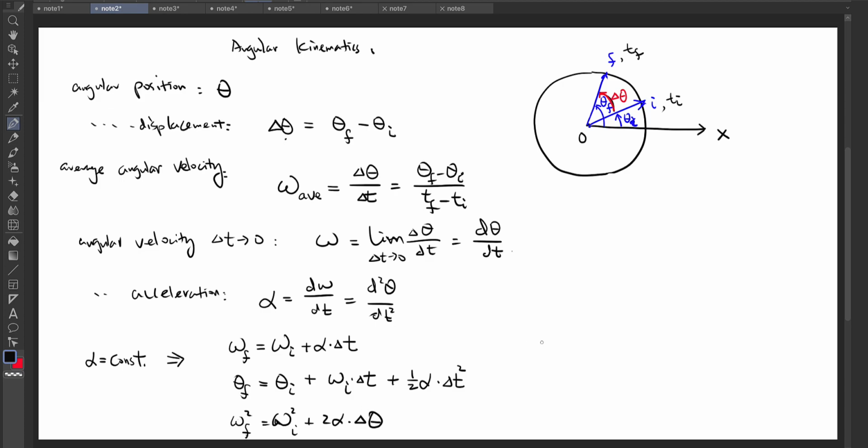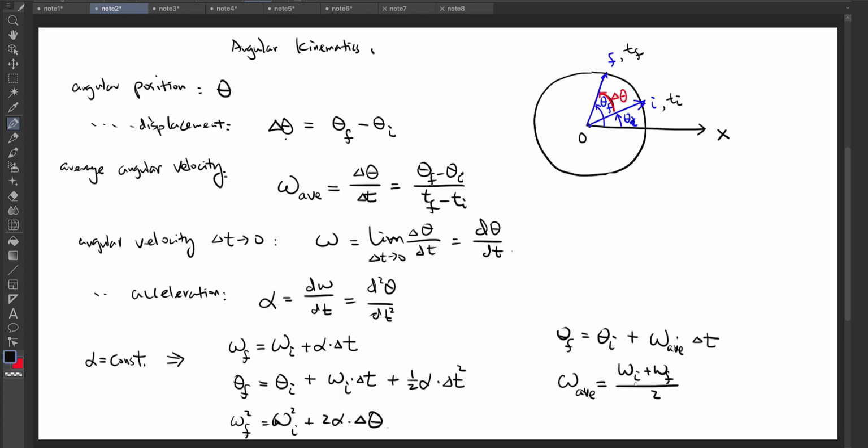Okay. And lastly, for the displacement, we also say the final position is initial position plus the average angular velocity times delta t. Okay, and we know the average angular velocity is the midpoint of this omega, right?